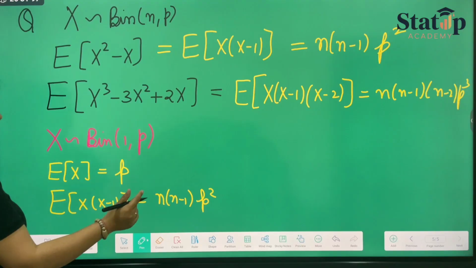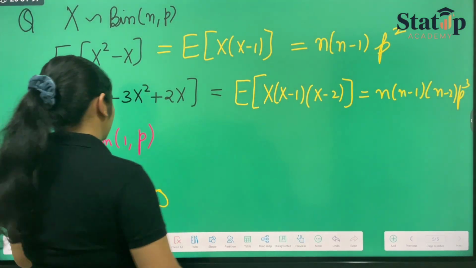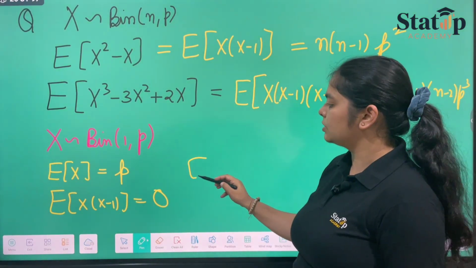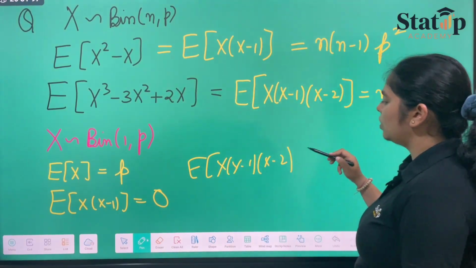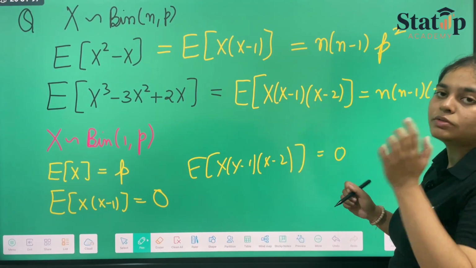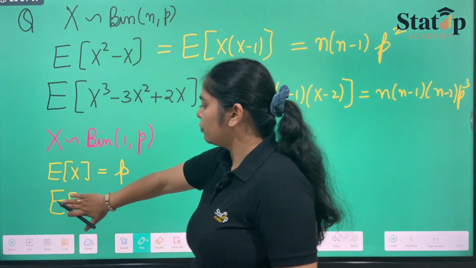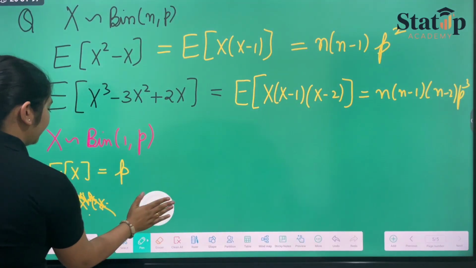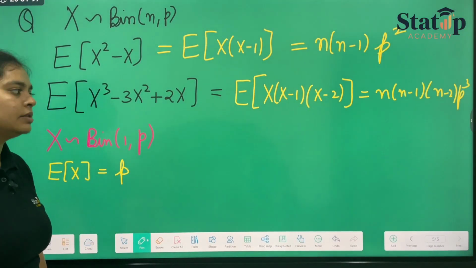But n is equal to 1, so this will become 0. And similarly, for other expectations, greater than or equal to 2, expectation of x into x minus 1 into x minus 2 will also be equal to 0, because there also n minus 1 will come and 1 minus 1 is 0. So for binomial 1 comma p, which is also Bernoulli distribution, the mean will be p, and after that expectation will be 0.